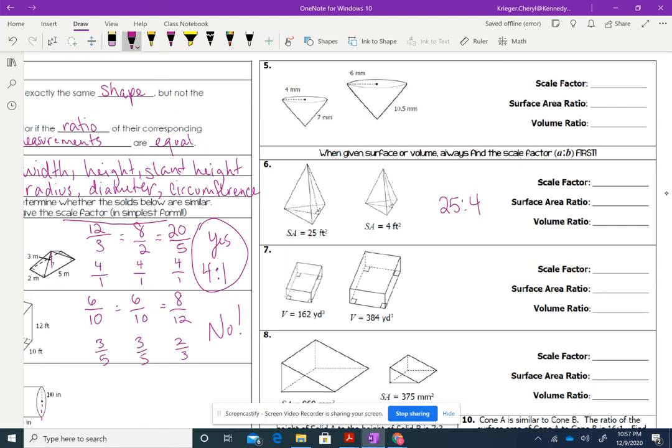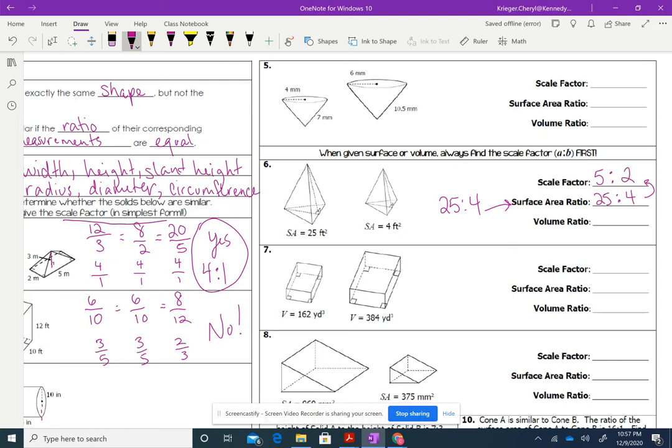That's what's given, and it's the surface area ratio, right? 25 to 4. If we're working backwards from there, it's like taking the square root, right? Whatever our scale factor is, we should be able to square both numbers and get 25 and 4. So the scale factor is 5 to 2.